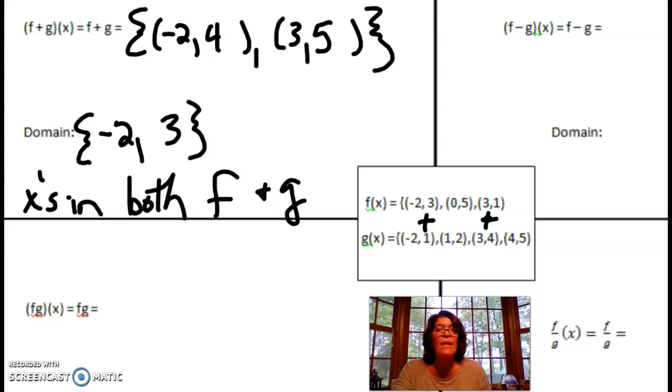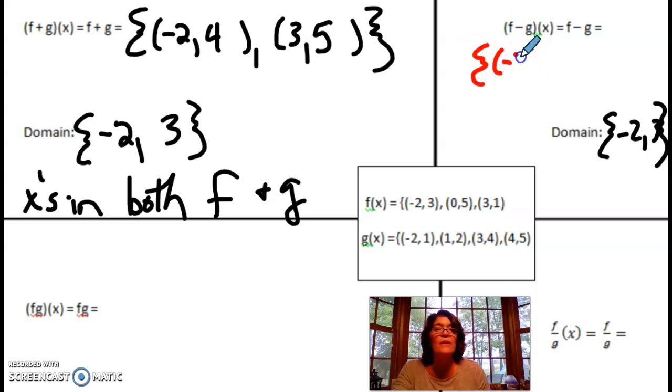Okay? F minus G of X, of course, same domain. I'm using the same function, so I took that away a little bit. But for F minus G of X then, with just that domain of the two X coordinates that are in the intersection, F minus G is -2, I'm not sure yet, and 3, I'm not sure yet.